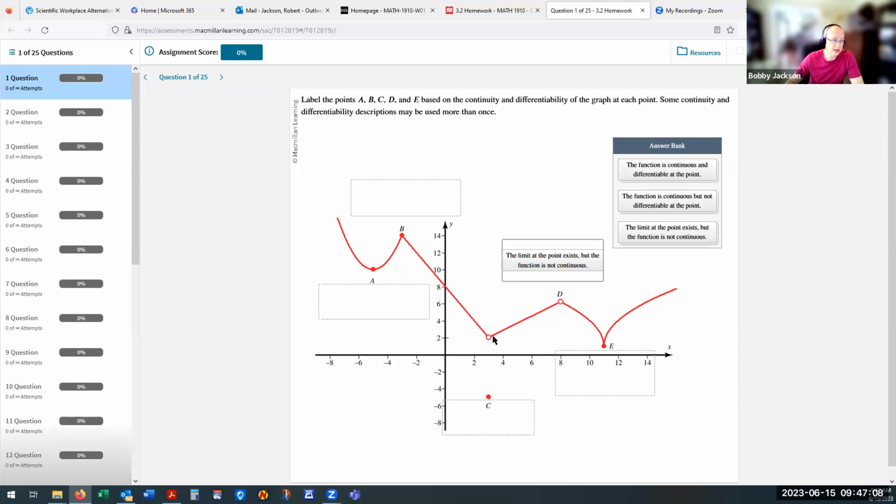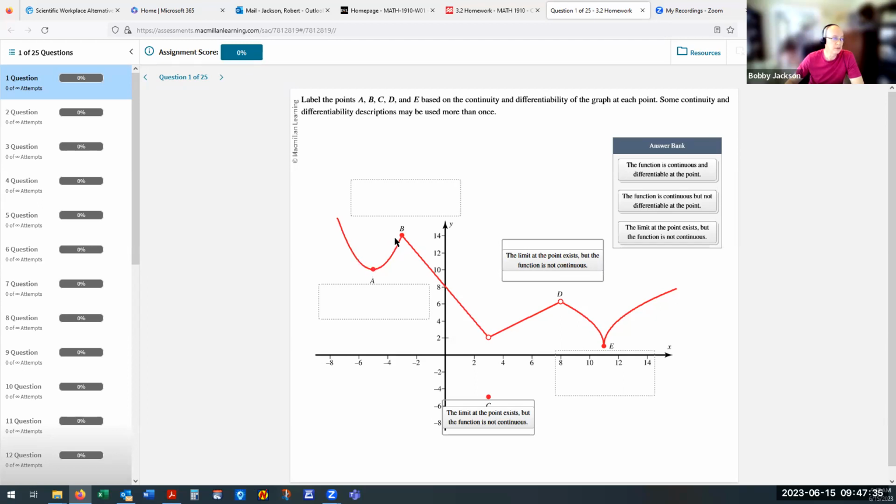As we get close to x close to 3, from the negative and the positive side, we're getting closer and closer to the y coordinate of that point, which is about 2. So the limit at 3 appears to be 2, but the value of the function is about negative 4 point something, maybe negative 5. So those values not being equal means the function is not continuous, even though the limit exists.